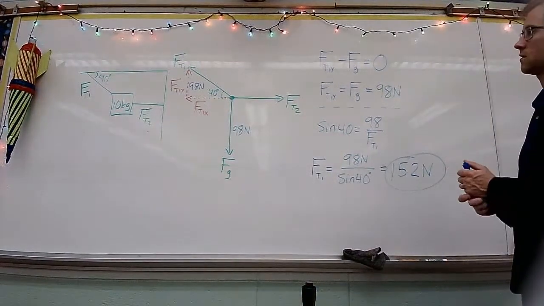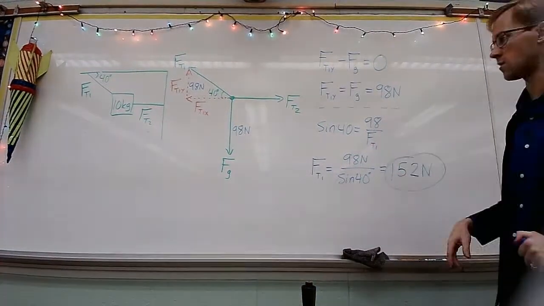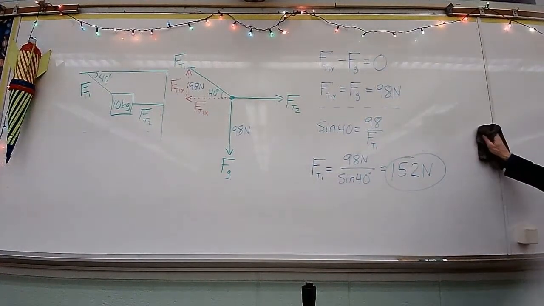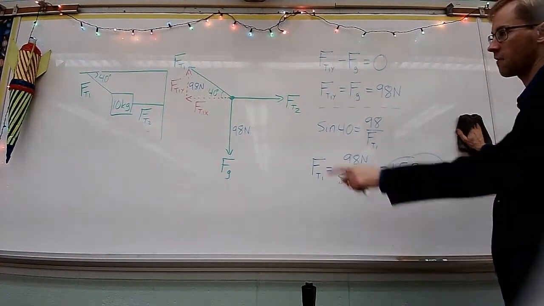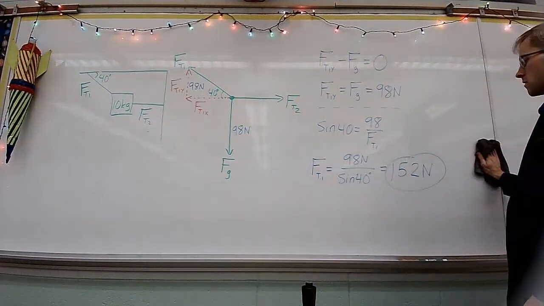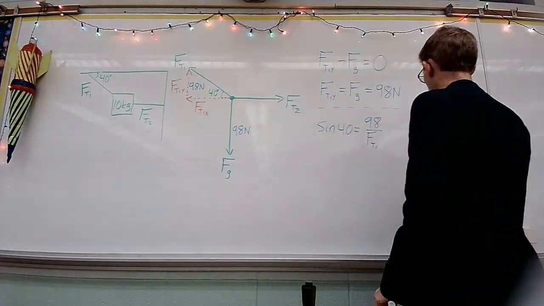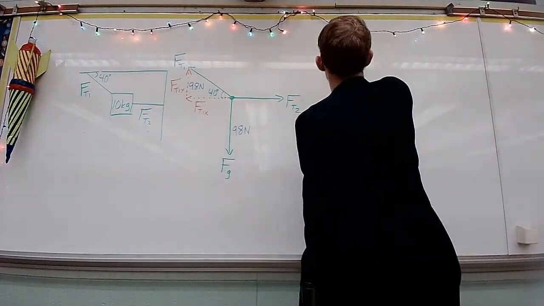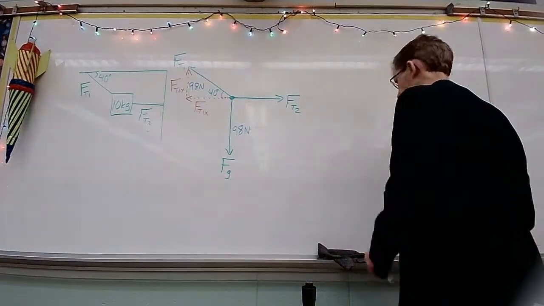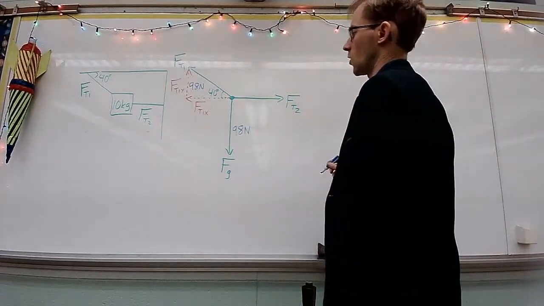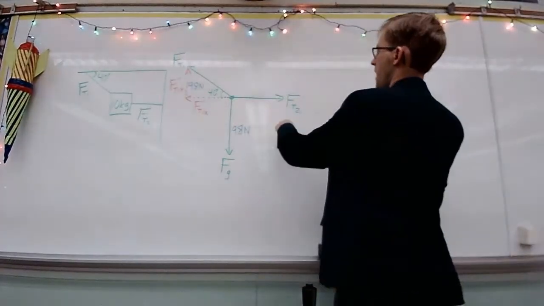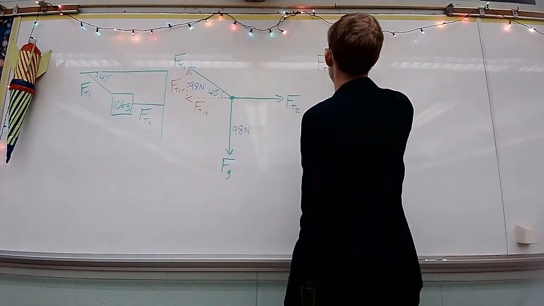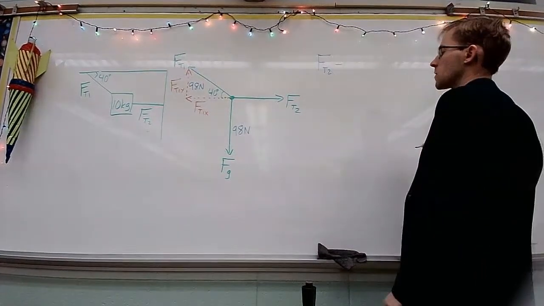Now, all that's left is to solve for tension 2. And so that's the next step here. So we have to look horizontally if we're going to be solving for that force. So what I'm going to do is create a horizontal force equation. So going to the right, I've got FT2. Again, this is horizontal, so those are the only forces that are going to be in this equation.